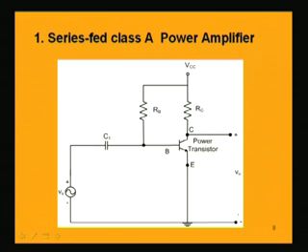So, if we now consider this circuit and try to analyze the efficiency of this power amplifier. By efficiency we mean the ratio between the output power and input power. Now, this power amplifier is drawing power from where?